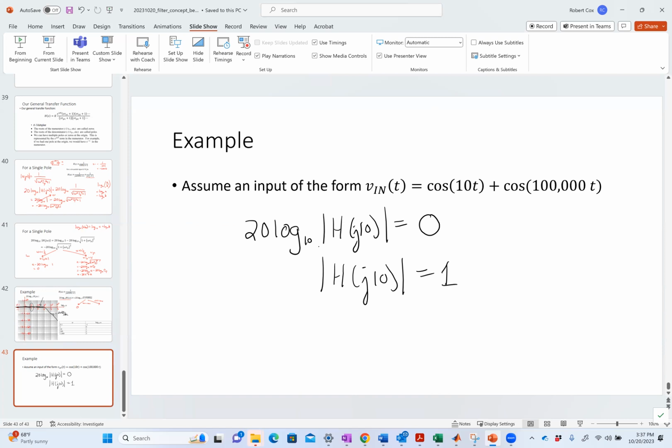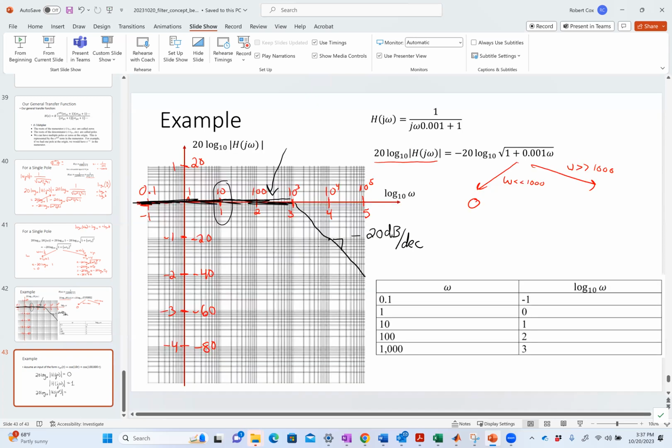So the other one, I say 20 log 10 of the magnitude of H of j 100,000. What's that equal? Let's take a look. If it's falling off at 20 dB per decade, it turns out it would be right here.